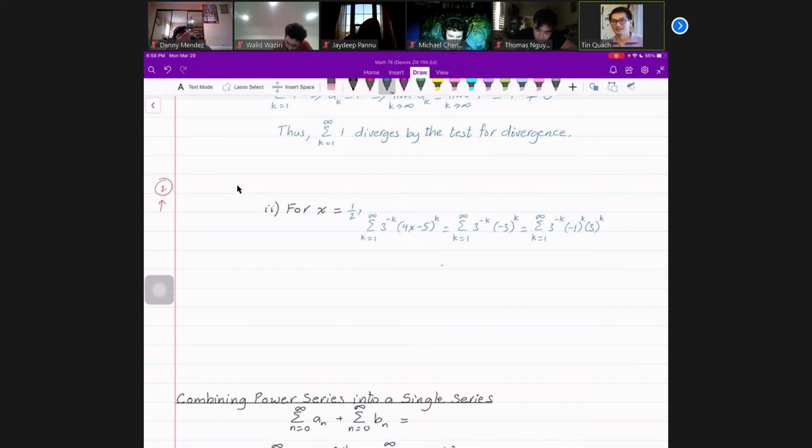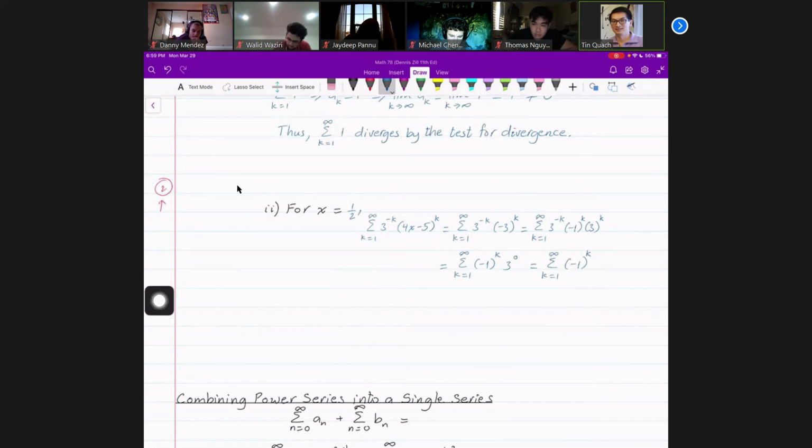That gives you negative 1 to the k, and then 3 to the negative k times 3 to the k is 3 to the 0. Okay, so that is that. And then you can use the test for divergence again, because you know that when you take the limit of this one as k approaches infinity, that's not going to be 0.